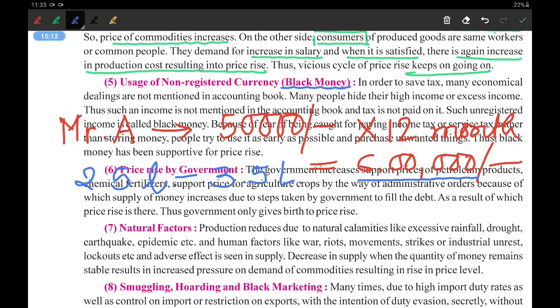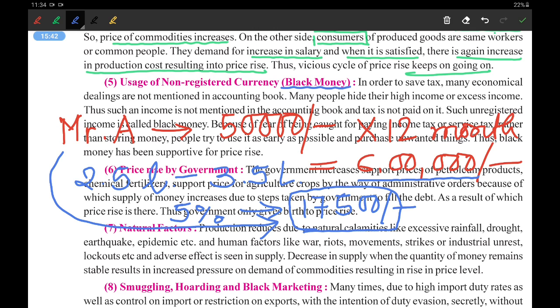Now 5 percent of 3.5 lakh will be 17,500 rupees. So legally he has to pay 17,500 rupees to the government if he shows all the money in the bank. There are certain rules, but we are keeping this very simple for understanding.